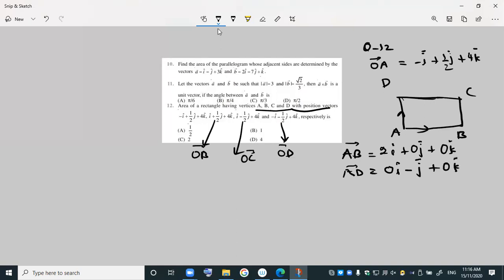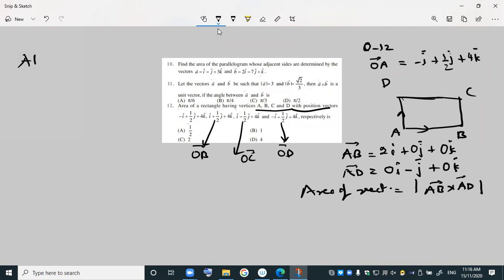So area of rectangle will be equal to magnitude of AB cross AD. So find their cross product here.